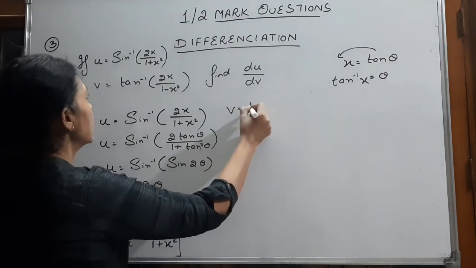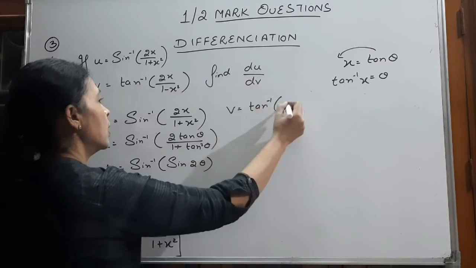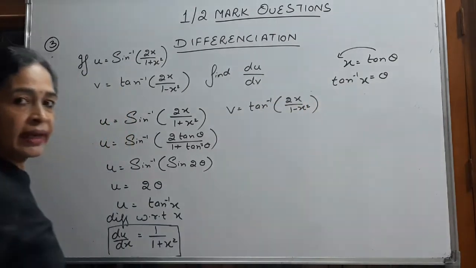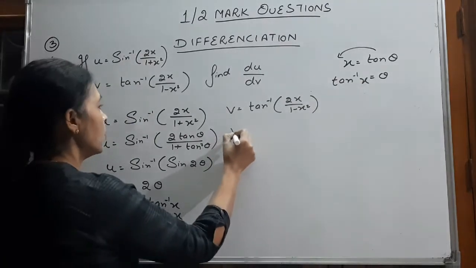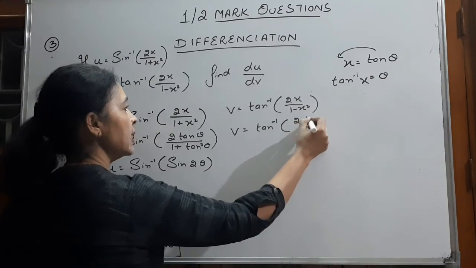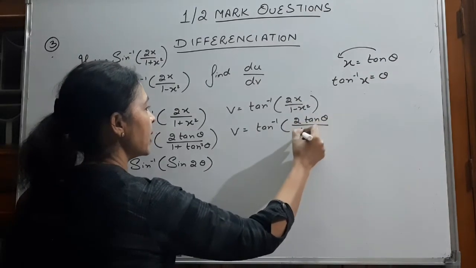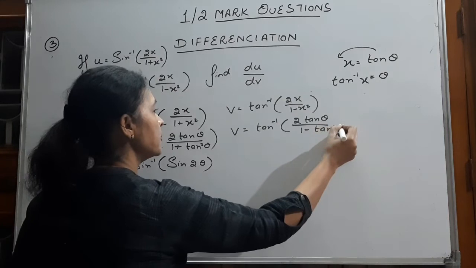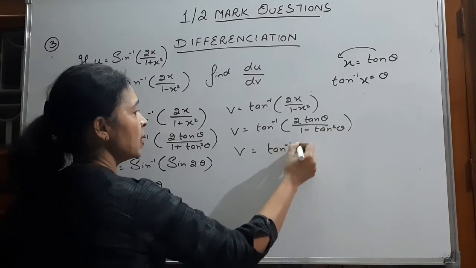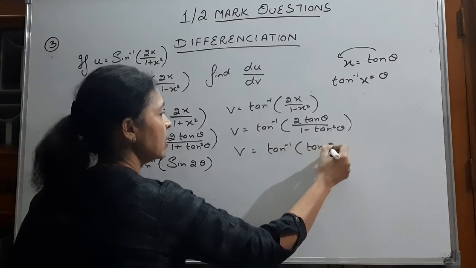v is tan inverse 2x upon 1 minus x square. We have taken x as tan theta. So v equals tan inverse 2 tan theta upon 1 minus tan square theta. This is the formula for tan 2 theta.